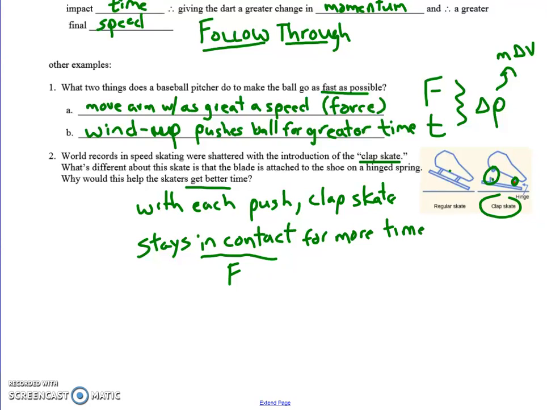By having the skate on the ice and not pulled up by the heel, we have a big Ft. That's an impulse. And what's the consequence? We get an equivalent change in momentum, which is equal to a Δv. So, in other words, by pushing for a longer period of time, because your skate's on the ice for a longer period of time, you get a bigger change in velocity.